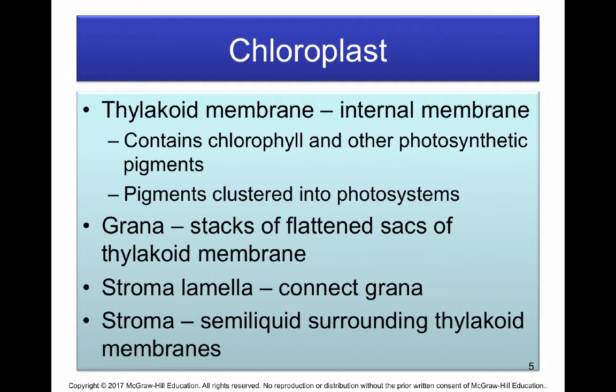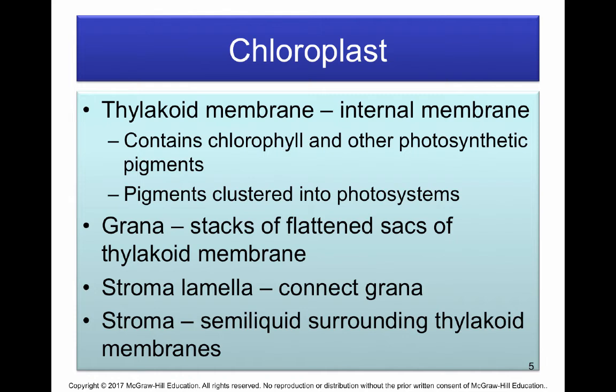So as you look at a chloroplast, there are specific structures. So first off, the thylakoid membrane, that is the internal membrane, the little individual coins or individual sacs that make up the grana. Then the grana is a stack of those thylakoid membranes organized, right?